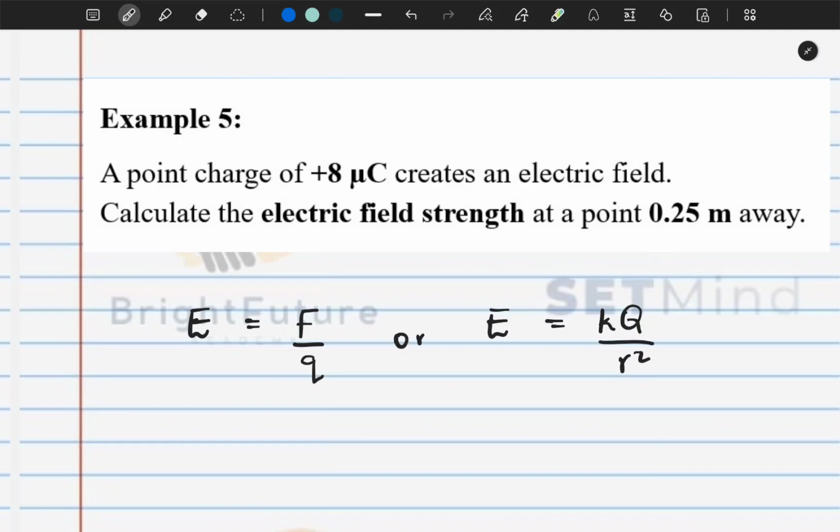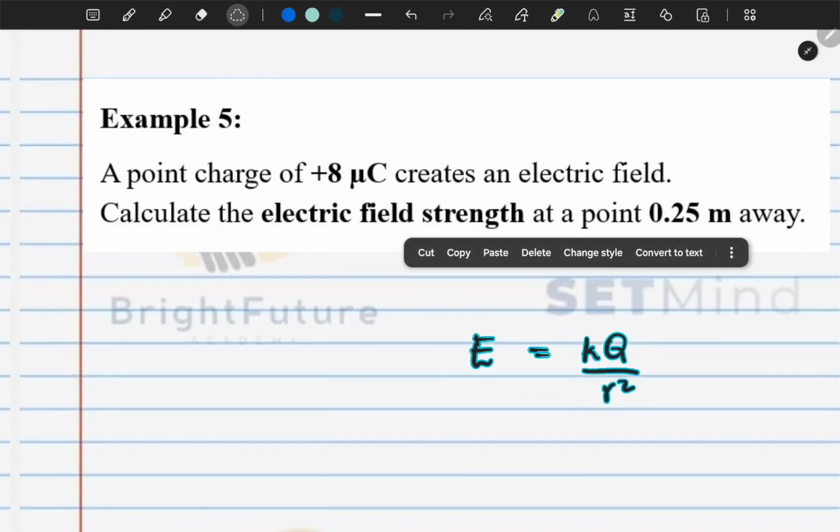In this case, we do not have the force, but we have the charge. There's no way we can calculate the force, so we can't use formula 1 to find the electric field strength. So as a result, we'll use formula 2 instead, which is E is equal to KQ over R squared. So that's the formula that we will use.